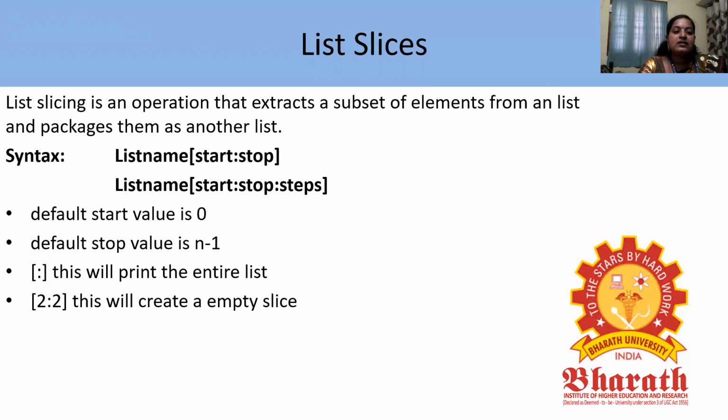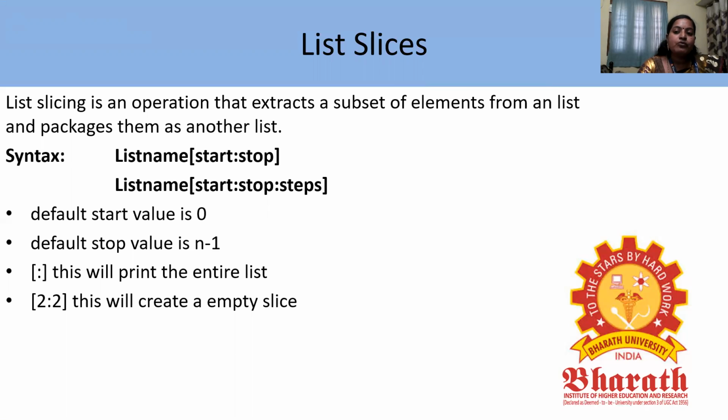List slicing is an operation that extracts a subset of elements from a list and packages them as another list. The default start value is 0. Default stop value is n minus 1. So if I give n, we have to take n minus 1.